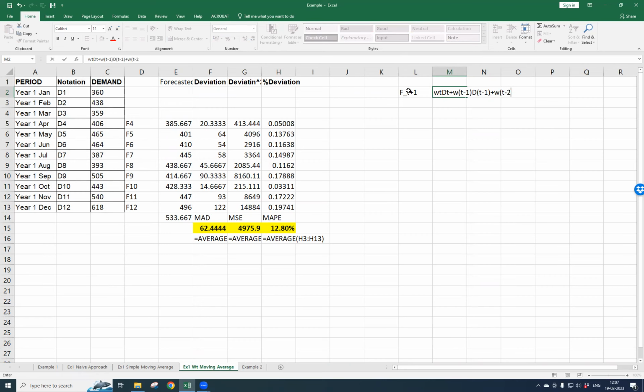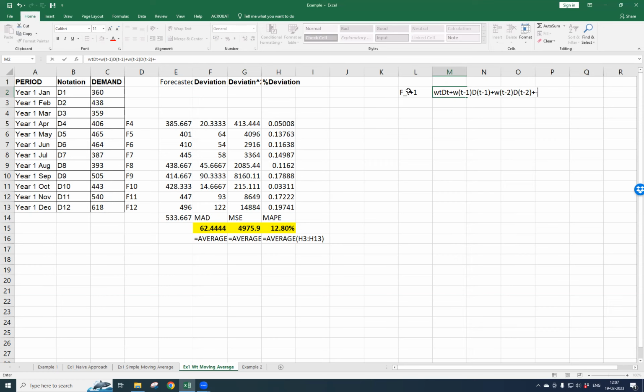Wt-2 Dt-2. As you can understand, Dt-1 and Dt-2 are previous values starting from Dt. Dt is the immediate previous value, Dt-1 is the value one period previous to Dt, Dt-2 is two periods previous to Dt, and so on.